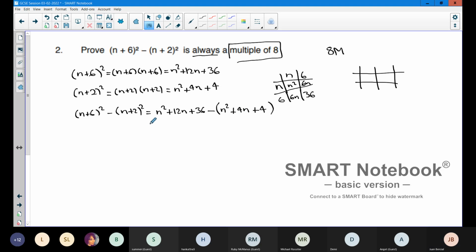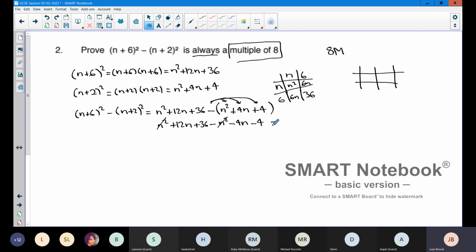Remember that the minus has to affect everything inside the bracket. So we've got n squared plus 12n plus 36 minus n squared minus 4n minus 4.